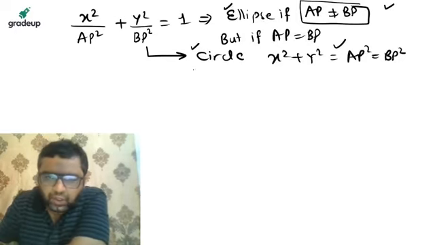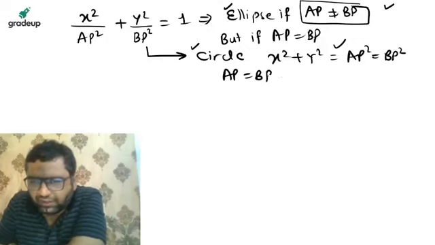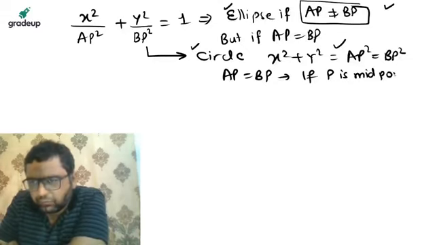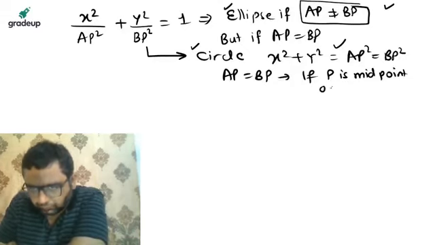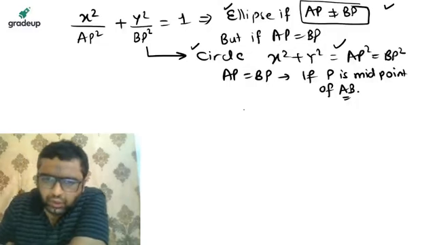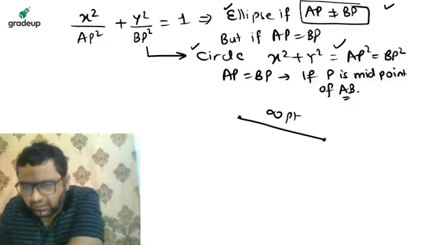Okay, dear. So you know that AP will become equal to BP only for one case, if P is the midpoint of AB. On AB there are infinite points.